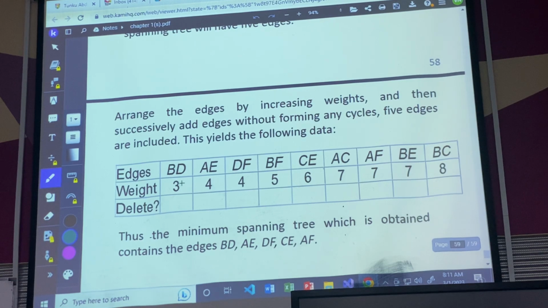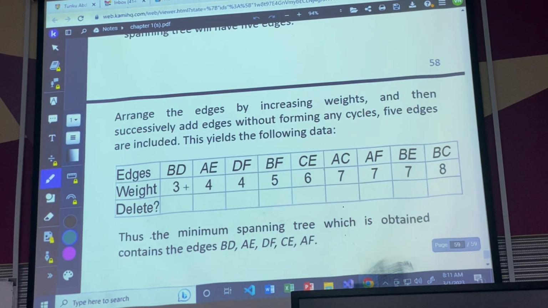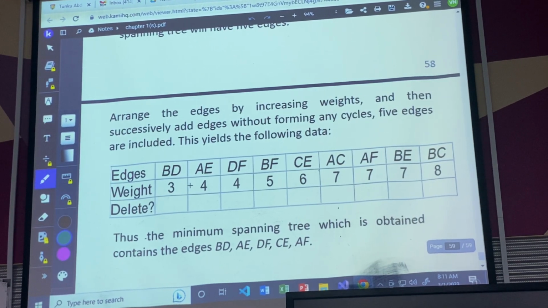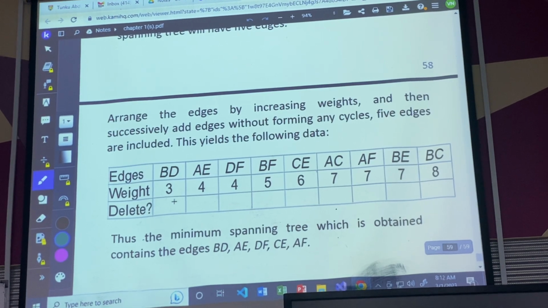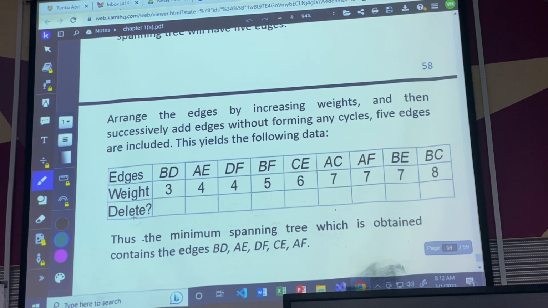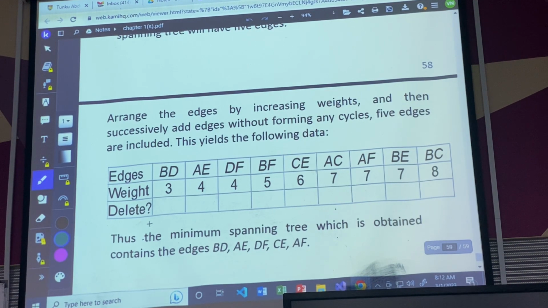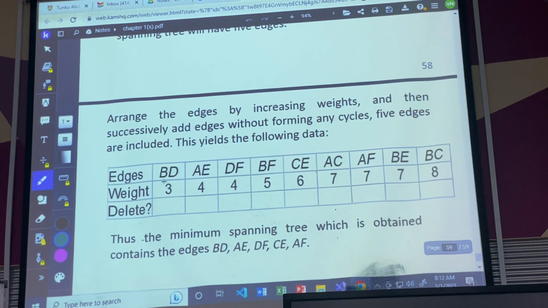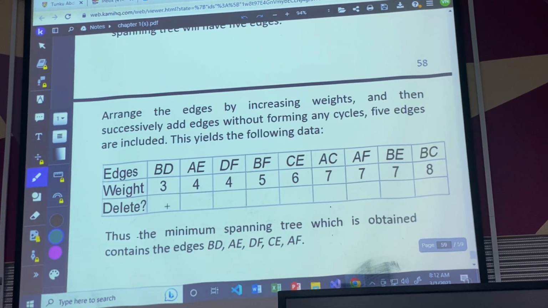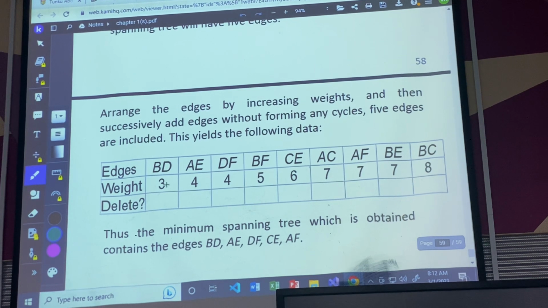After that, we need to determine which one we want to remain in the graph given, or which one we need to delete. So if let's say you put delete, you put a question mark, meaning that if you say yes here, means you will delete the BD. If you say no here, means that you won't delete the BD. Okay?